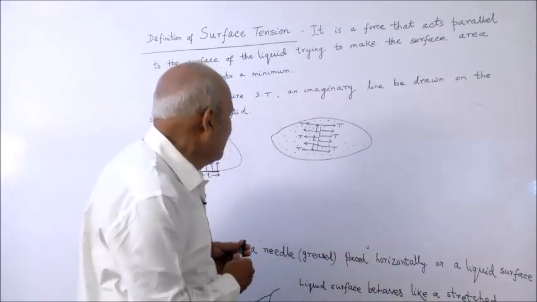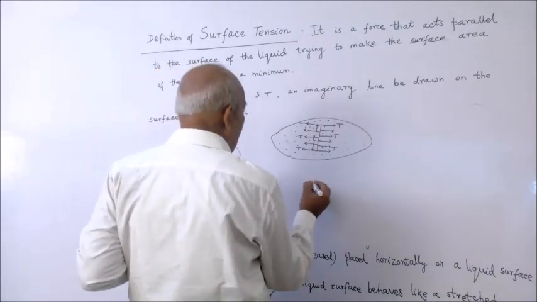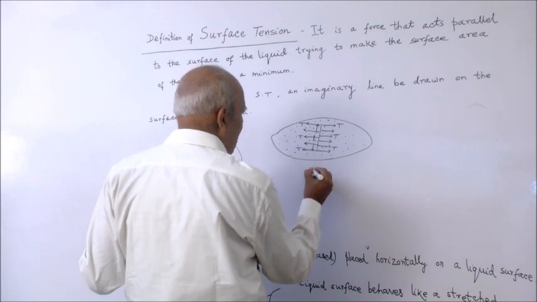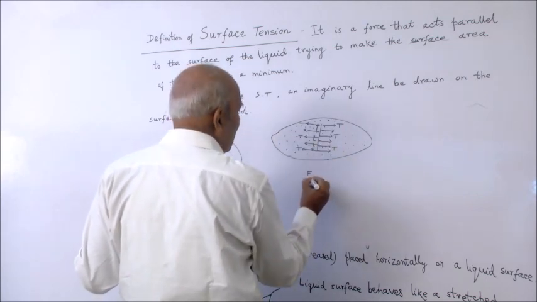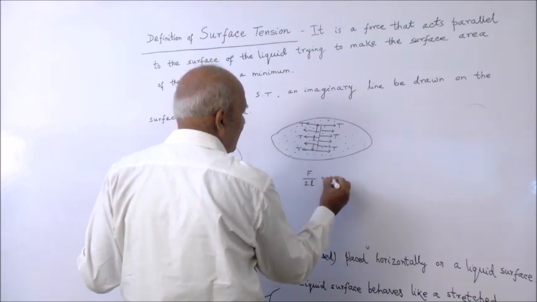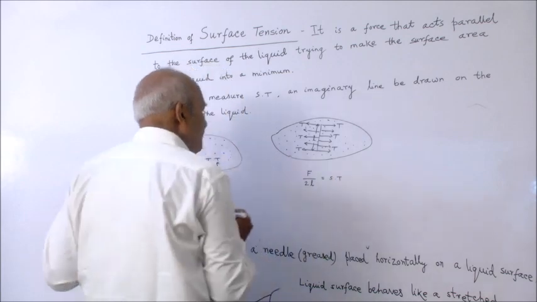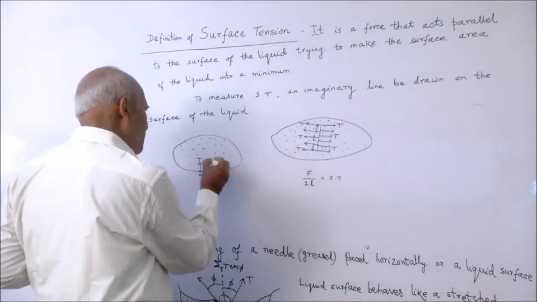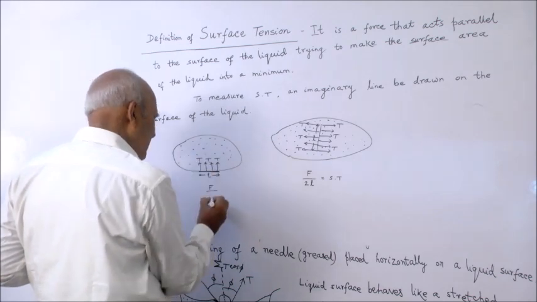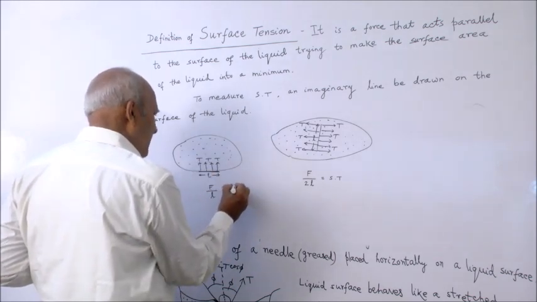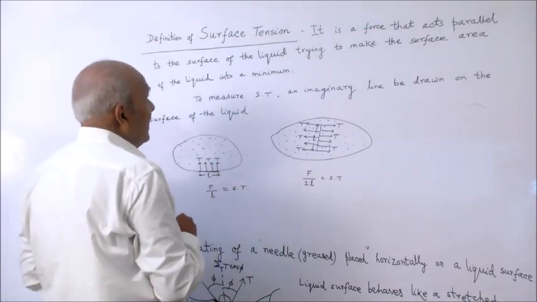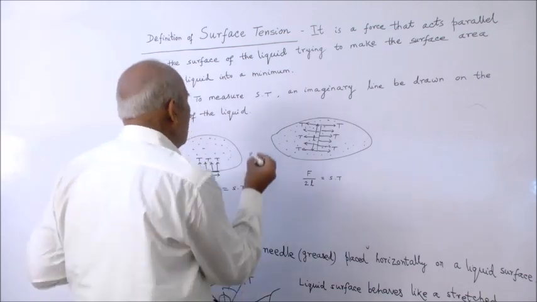Therefore, here in this figure, if F is the total force, F divided by 2L is equal to surface tension. And here, if the total force of all these is F, it is dragged only one way. So, it is F by L is equal to surface tension. That is how an imaginary line is drawn on the surface of the liquid.